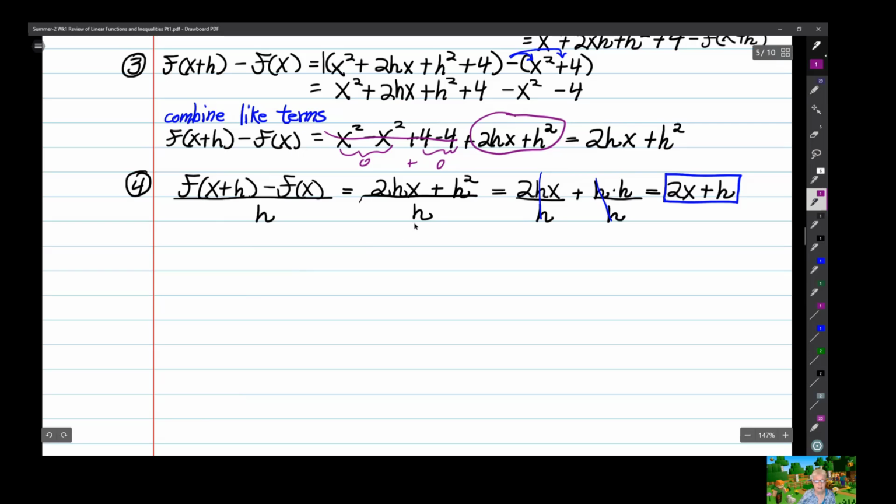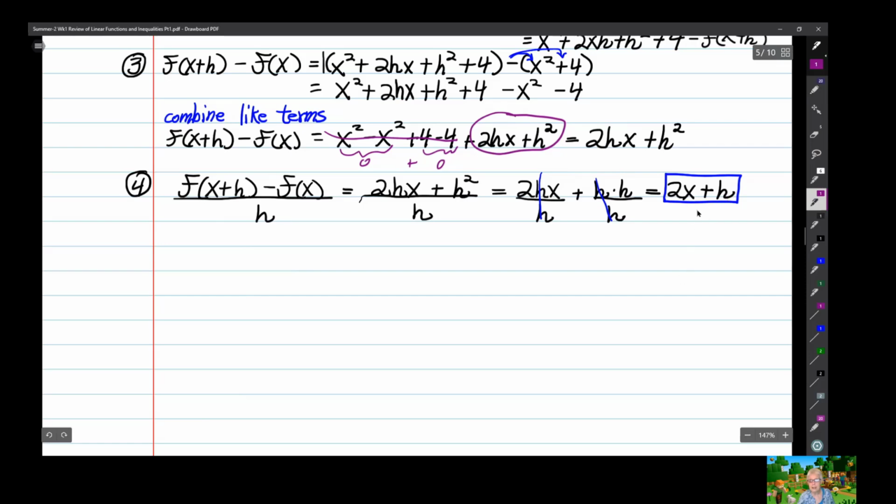And I'm going to divide by h, which means I divide each term by h. Notice that I wrote h squared as h times h, just to make canceling easier. Here the h's cancel, and so I'm left with 2x plus h.